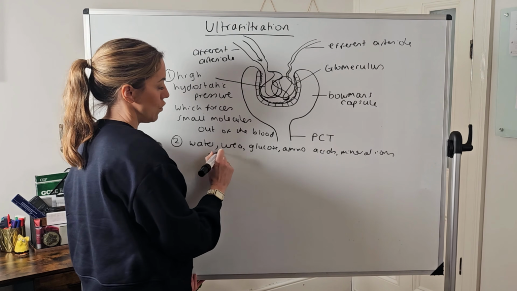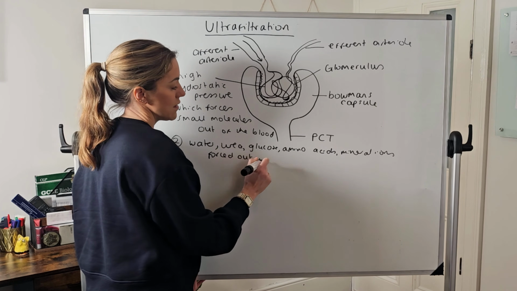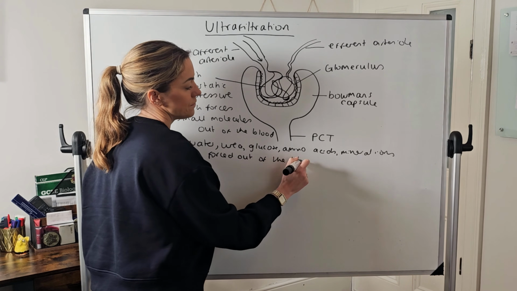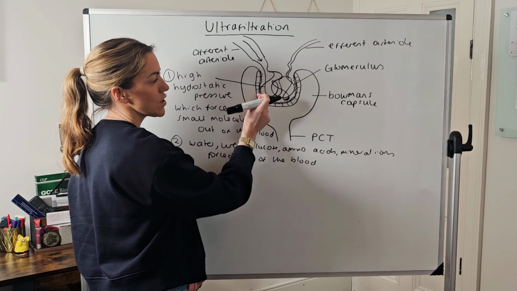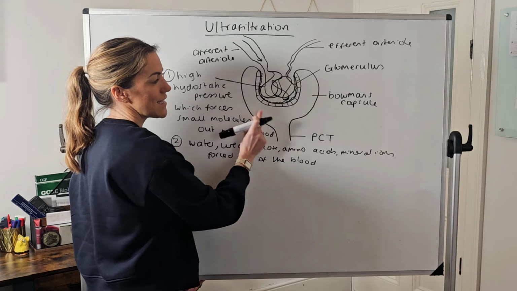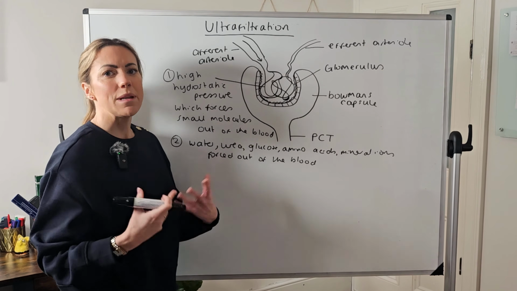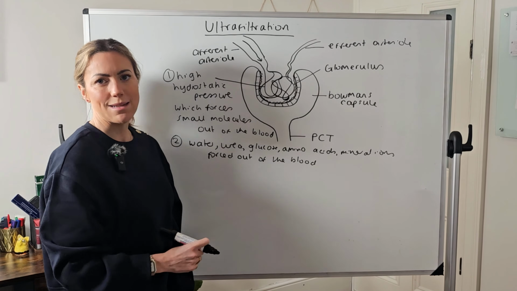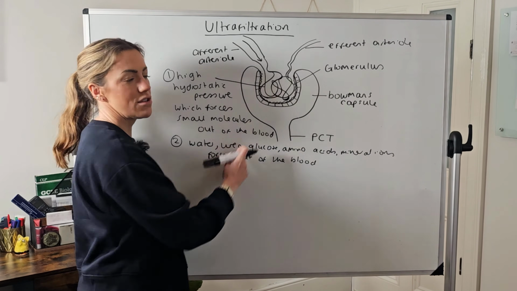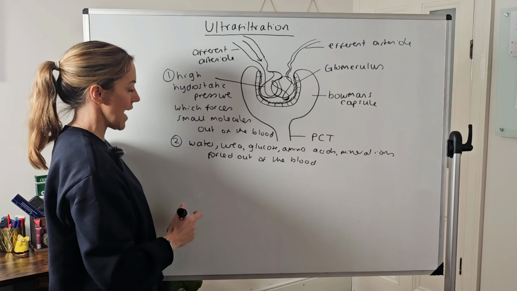They are forced out of the blood. So they're going to leave the blood in the glomerulus and they're going to cross over this wall here and enter the Bowman's capsule, simply because they are small enough to do so and because there's a high hydrostatic pressure in these blood vessels that's going to force those substances out.